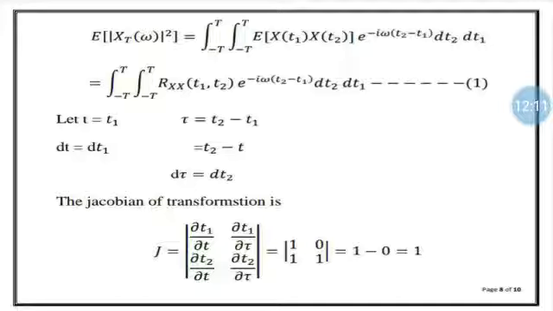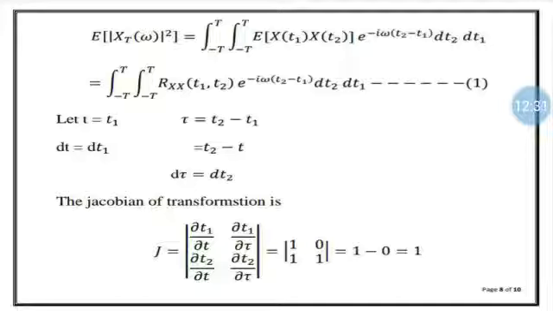We know that the expected value of x(t1) into x(t2) is the autocorrelation. So, substitute this formula, Rxx(t1, t2) into e power minus j omega (t2 minus t1) dt2 dt1. This is the first equation.